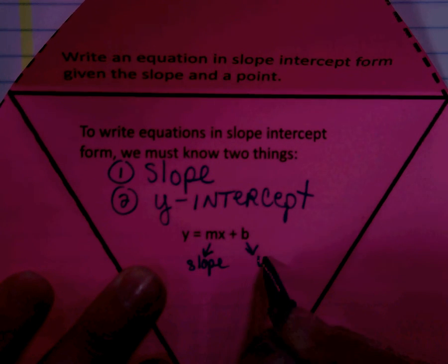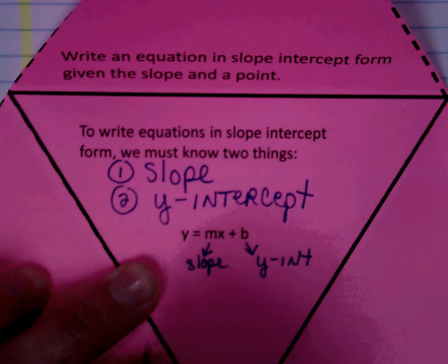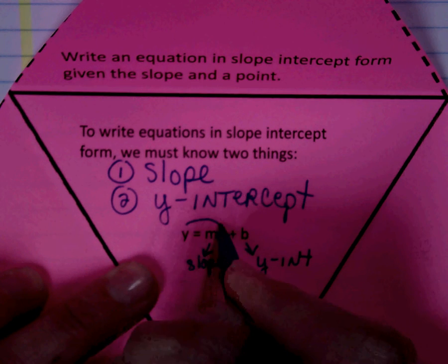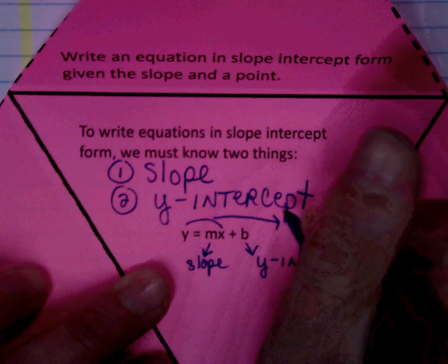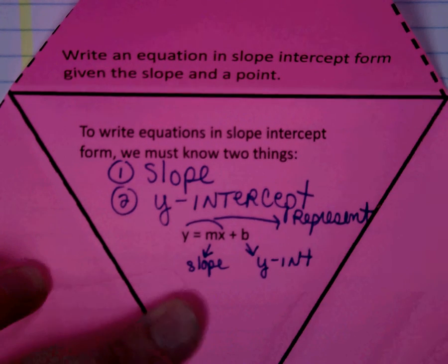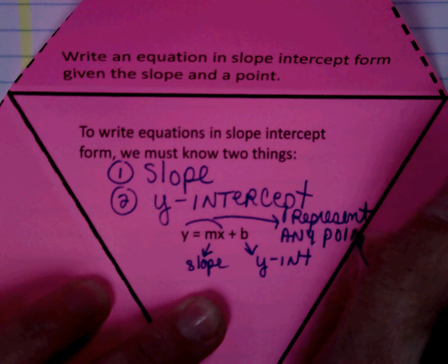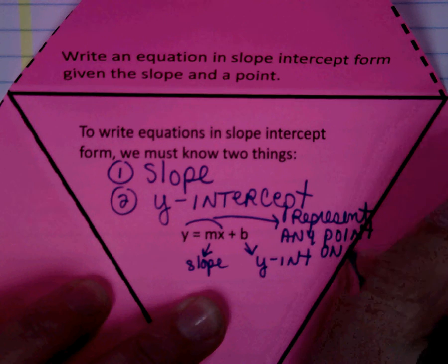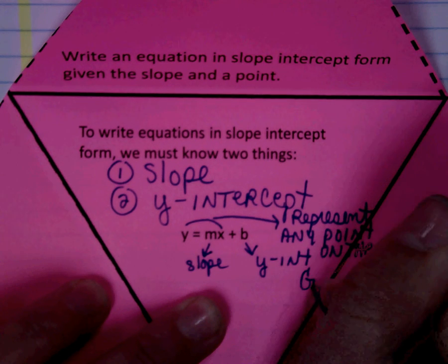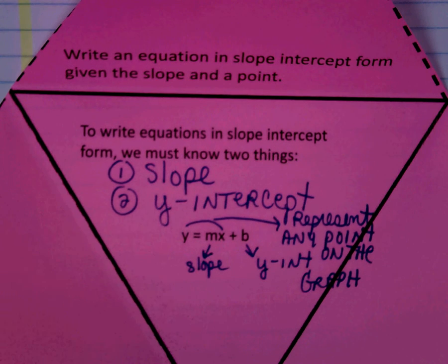B is the y-intercept. And really important, maybe something we haven't talked about, is that x and y represent any point on the graph or in our table.